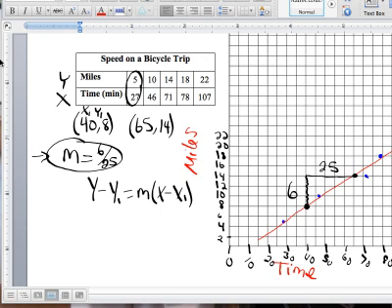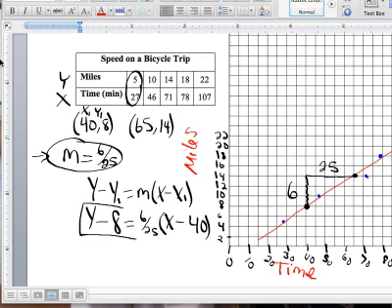So then we plug in the necessary numbers here. We don't really need this coordinate point anymore. So we do y minus y1, which is 8, equals m, which is 6 over 25, parentheses, x minus x1, which is 40. So this right here is our equation.